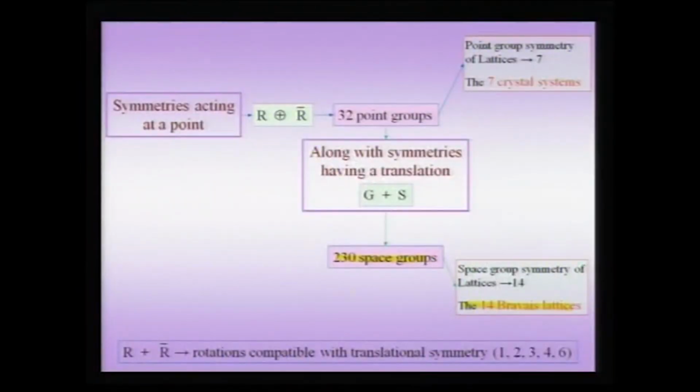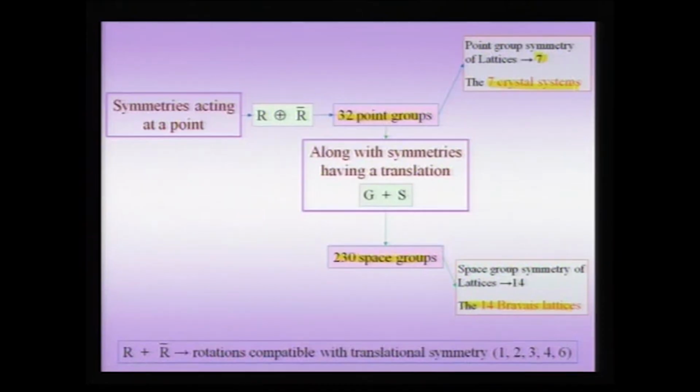So, let me summarize this rather complicated slide. If you are talking about symmetries acting at a point, then the allowed combinations will lead to 32 point groups, and we will see at least a couple of examples of what we mean by allowed combinations. Then among these, those symmetries which survive when I am talking about symmetries of lattices are 7 in number, which correspond to the 7 crystal systems.